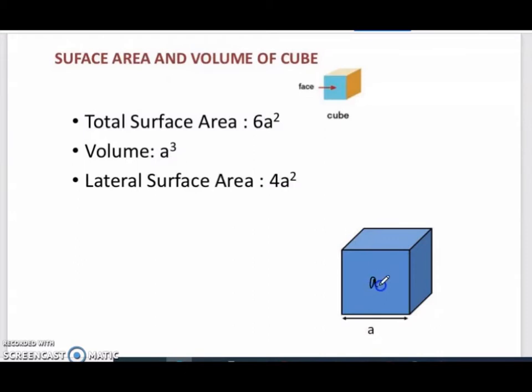So this is one A square, this is another A square, this is another A square, and same way other 3 A squares are also there. So total surface area is 6A square. Lateral surface area, we are removing the 2 portions of that, the up and down one, so it will be 4A square. Volume will be A cube.